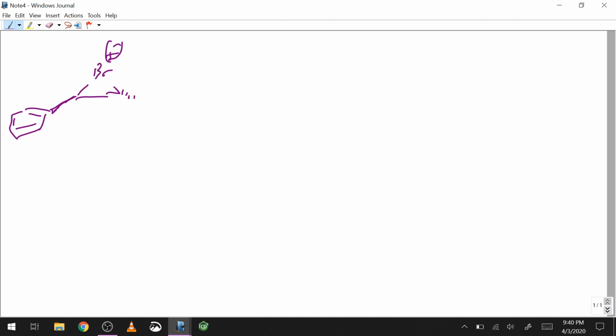That's the bromonium ion. That would explain the trans relatively easily, but it doesn't explain how I got syn addition or the cis product out of it. So how am I going to get that? Well, I'm only getting that if I have this, which is the actual cation on the carbon.